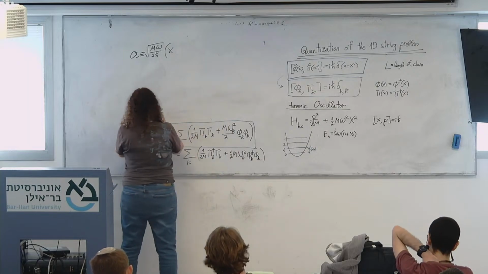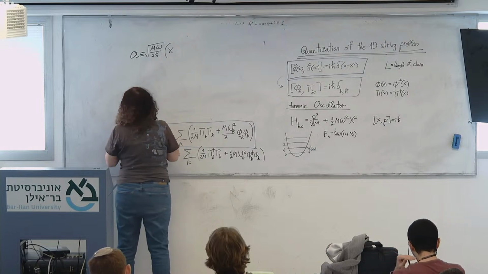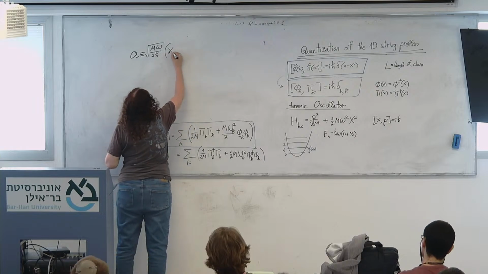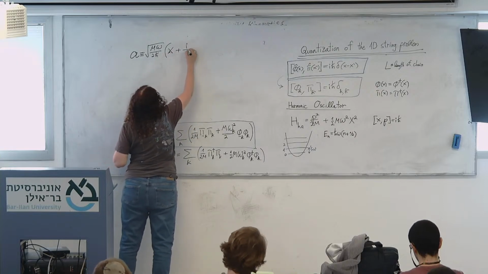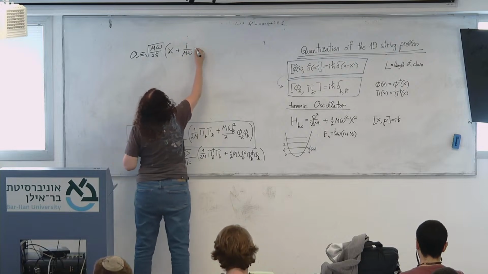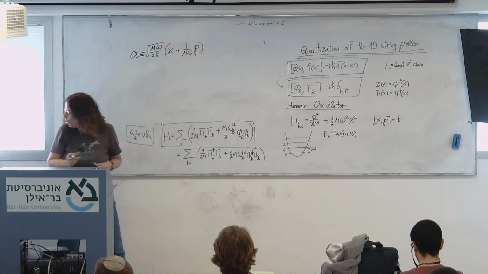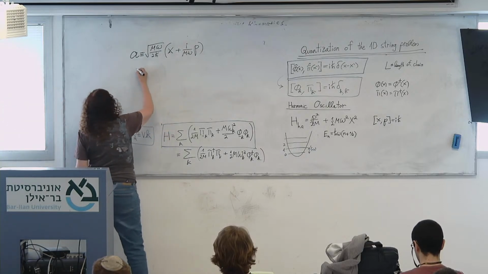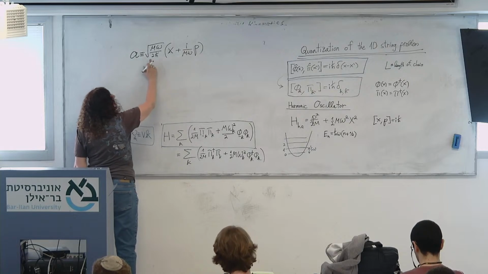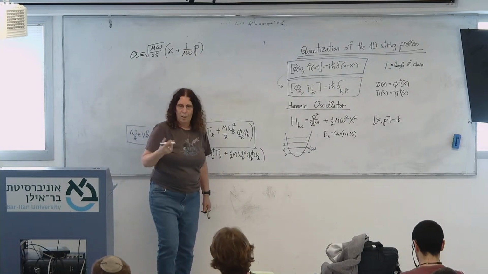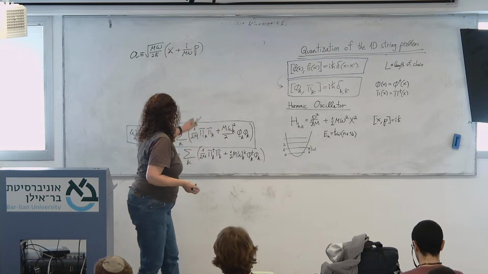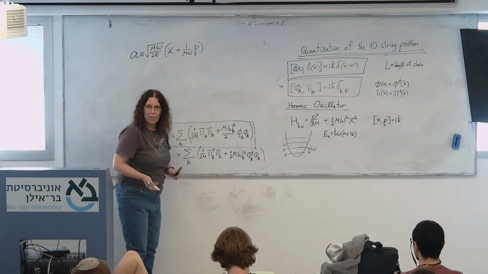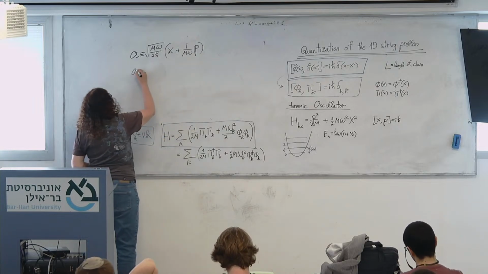So this operator little a is defined as, okay, let me just check that I'm correct with all the factors. And notice that x and p are Hermitian operators, but because of the i here, a is not Hermitian. What is a dagger?